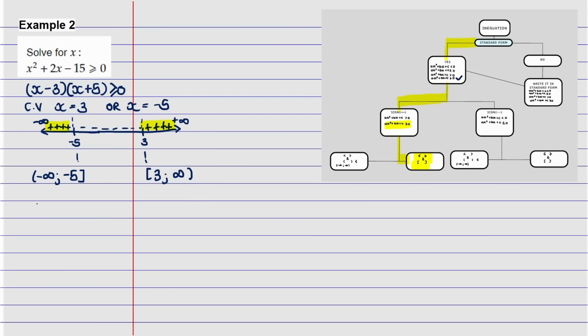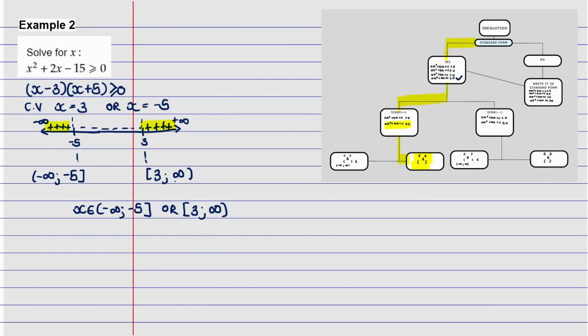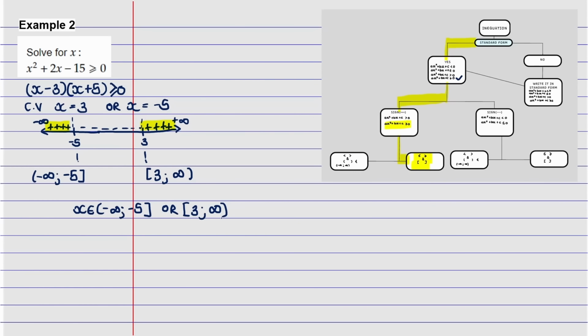Always get curves. So the final answer for this one is going to be x is an element from negative infinity till negative 5 square bracket, or square bracket 3 till positive infinity curved bracket. Do you see the fact that this answer and this answer are the same thing? The only difference is that this one at negative 5 and 3 is a curved bracket, but this one is a square bracket. So that's how you would solve this question, right?